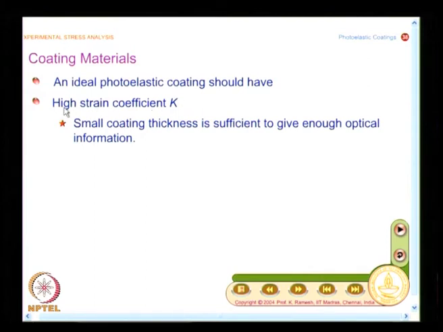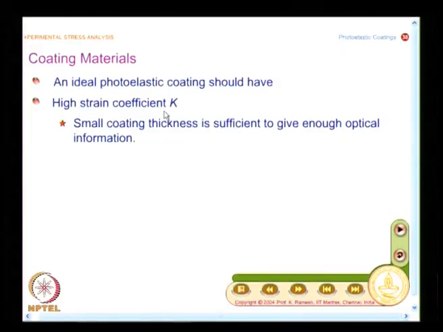Obviously, we want to have high strain coefficient K. The reason is I need to get enough optical response, and we have also seen if the coating is thin enough, I do not have to worry about the correction factor, which is automatically taken care of. Only when the coating thickness is considerable, then correction factors are very important.